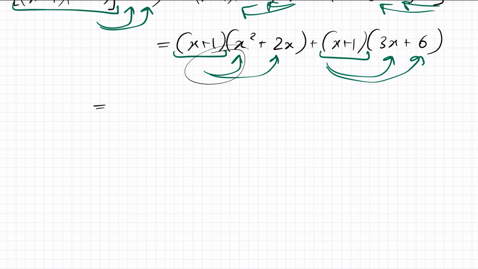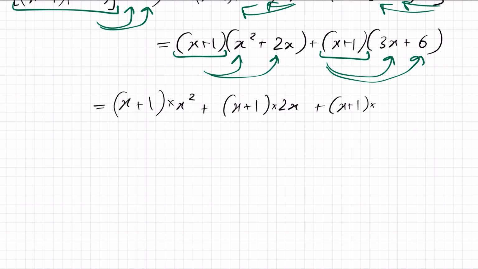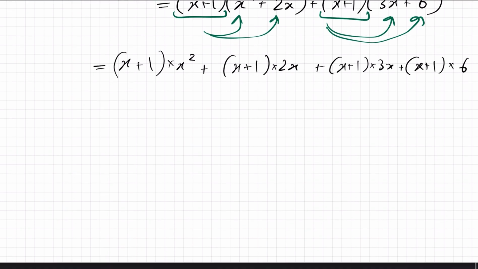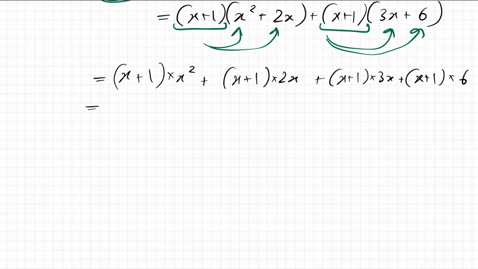When doing this multiplication, we get x plus 1 multiplied by x squared, plus x plus 1 multiplied by 2x, plus x plus 1 multiplied by 3x, plus x plus 1 multiplied by 6. And now we use the same old trick, but just multiply everything on the outside. So I'll draw in the arrows one more time, just so it's clear what multiplications we're doing.